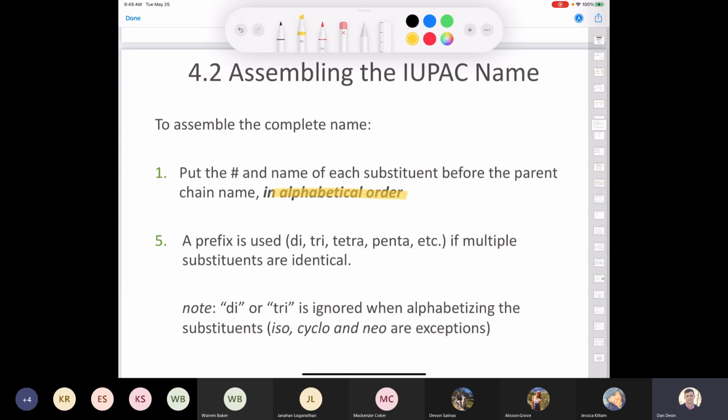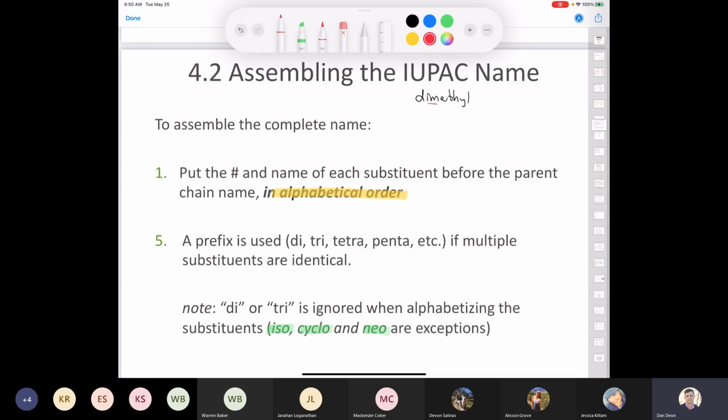So if you had 2 methyl groups, for example, you would say dimethyl, okay? But you don't alphabetize according to that, okay? Because note that any prefix is ignored in organic chemistry except these 3 magic ones, iso, cyclo, and neo. We don't ignore those prefixes. So dimethyl would be alphabetized according to the letter M, for example.